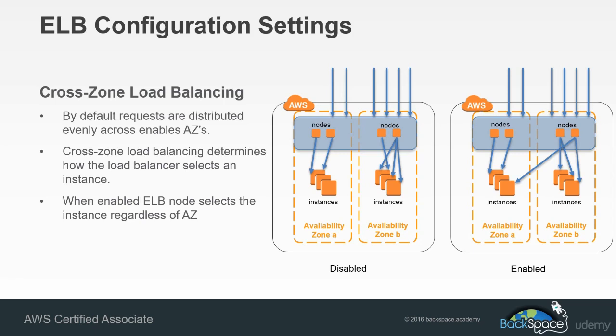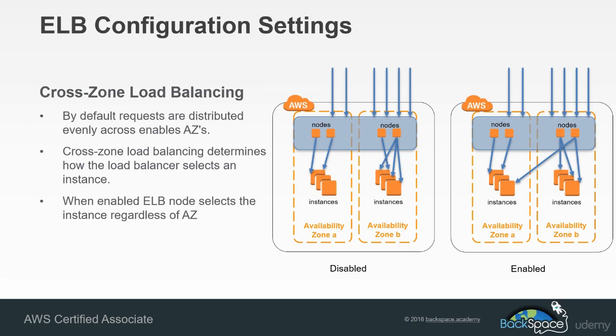When one availability zone is loaded up more than another, that node will forward that traffic on to an instance in another availability zone. So you can see there on the right, when it's enabled, the instances are getting the balance quite correctly, even though the incoming traffic is skewed towards availability zone B.